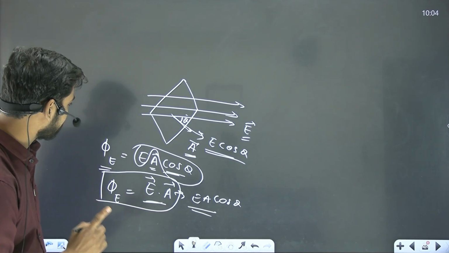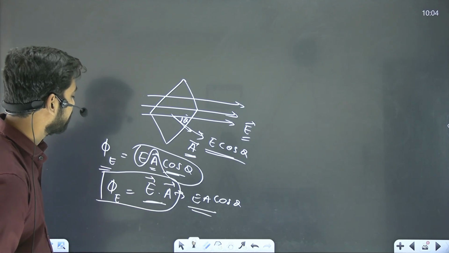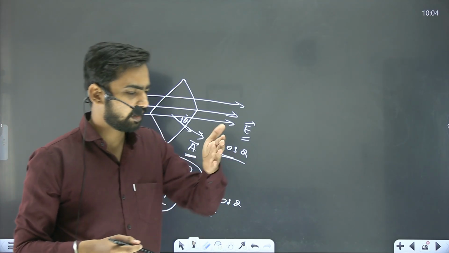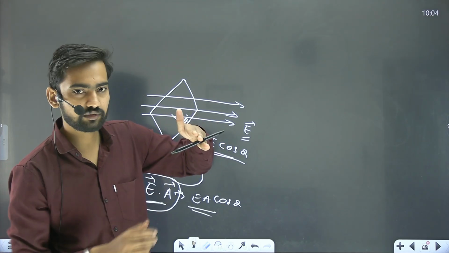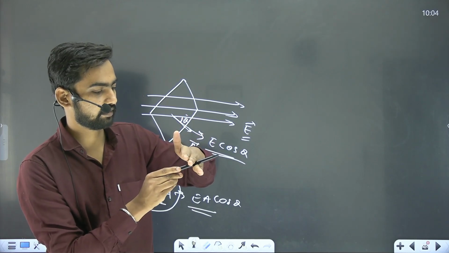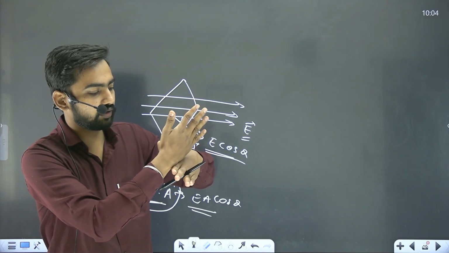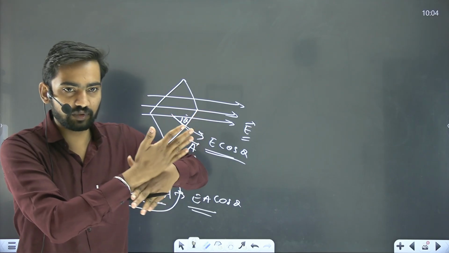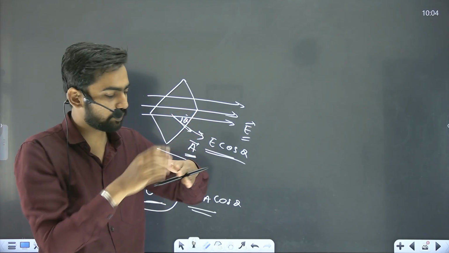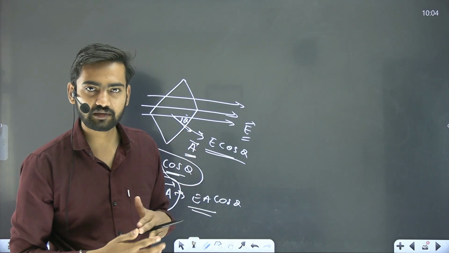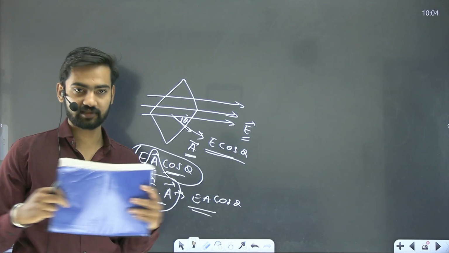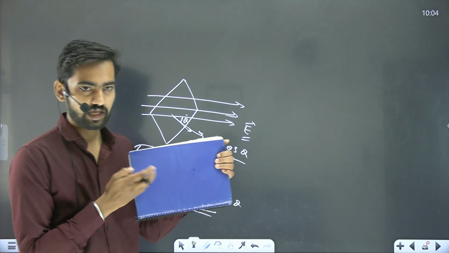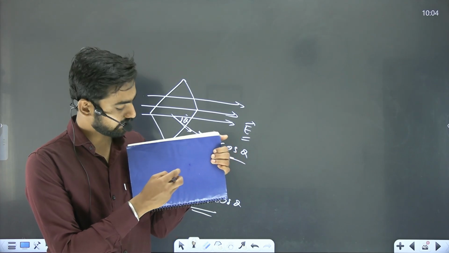What does this mean, sir? It shows that whatever the surface is, if electric field lines are passing through this surface like this, the normal vector will be like this, and there must be some angle between the field lines and the area vector. The area vector is perpendicular to the surface.